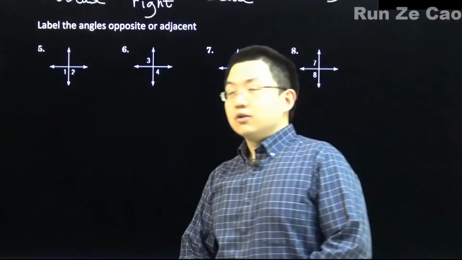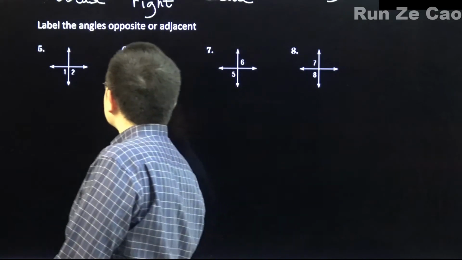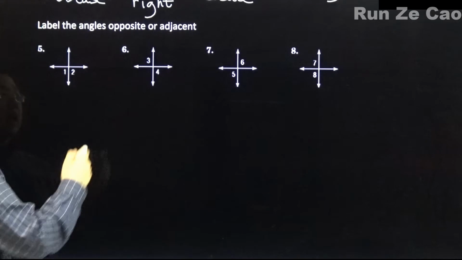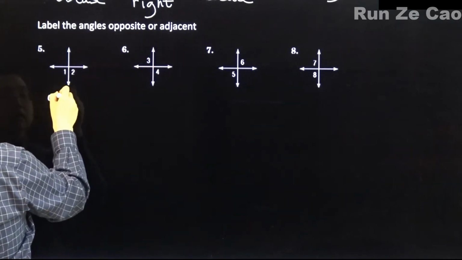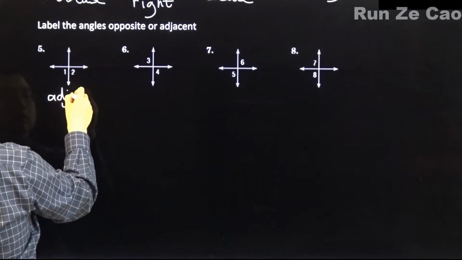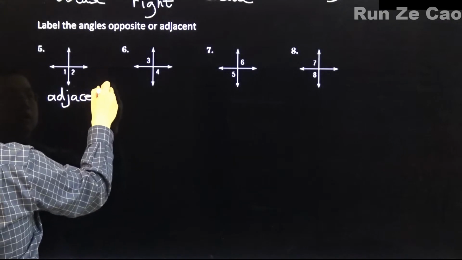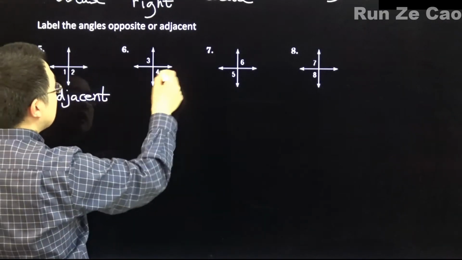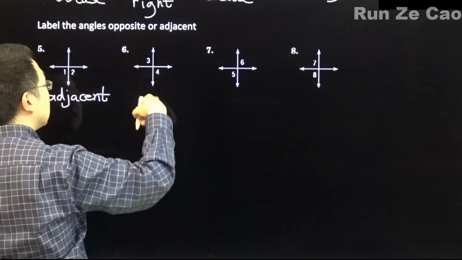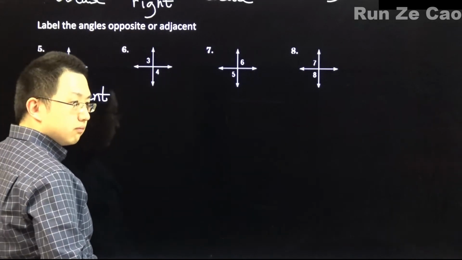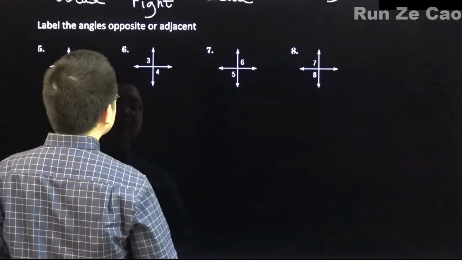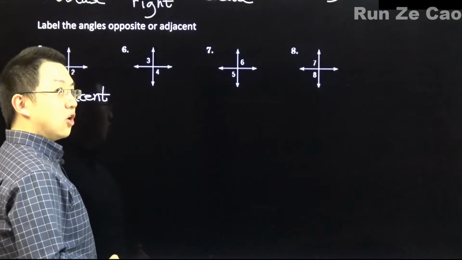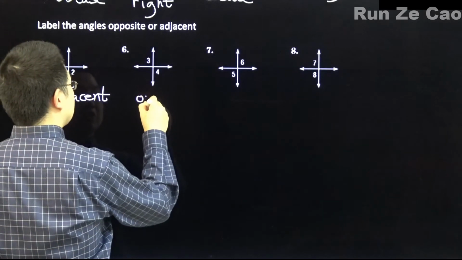Let's label these angles opposite or adjacent. These two share a side and they have the same vertex, and therefore they are adjacent. These two share the same vertex. Their sides are continuations of each other. So they're made from the same lines and they are across from each other, or opposite to each other.